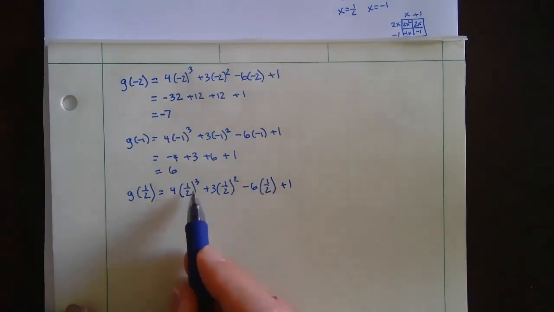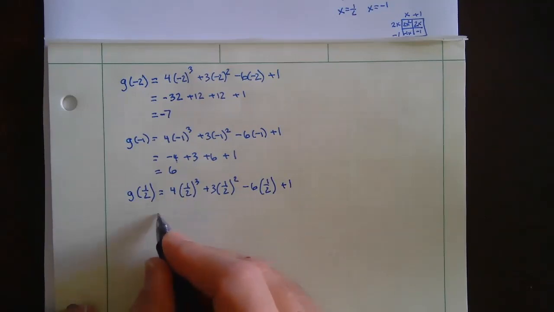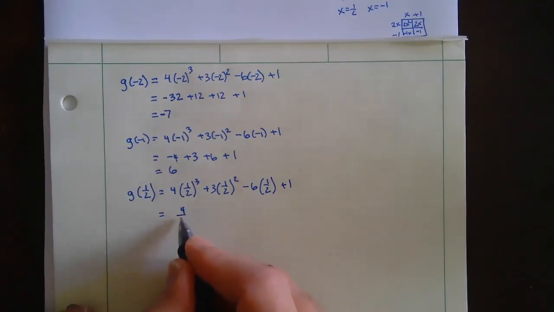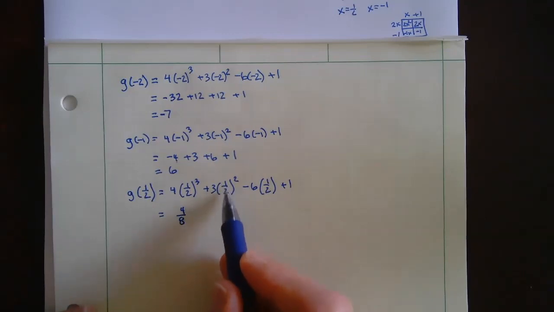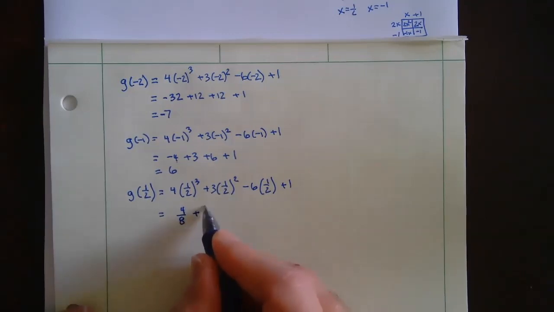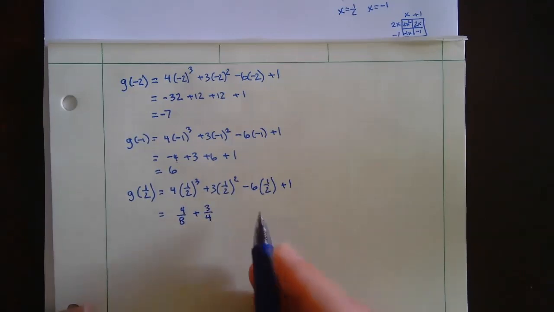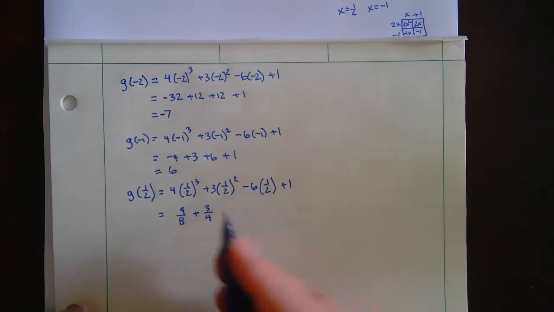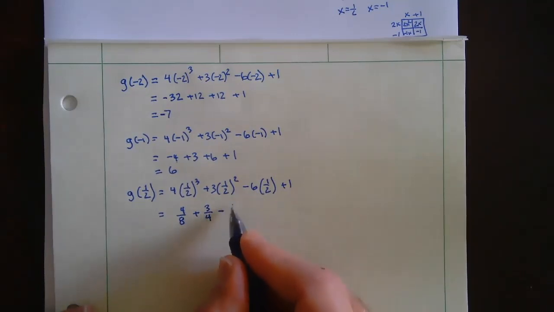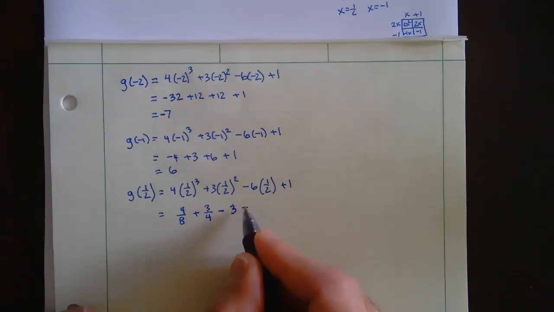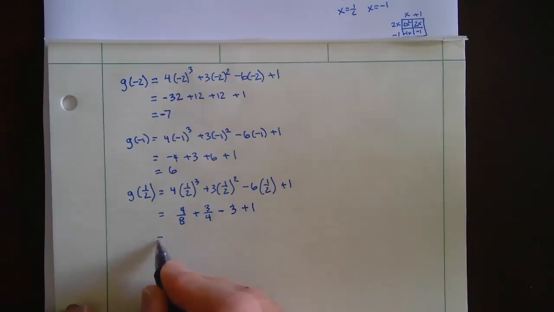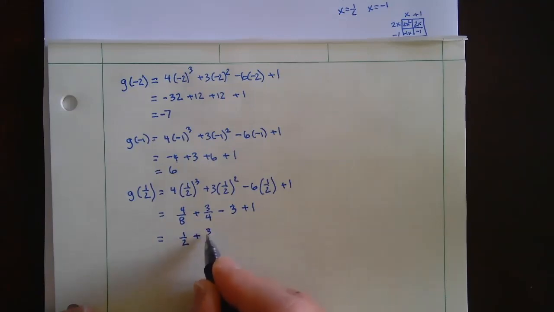So this would be 1/8 times 4, so that makes 4/8. And this is 1/4 times 3, so that makes 3/4. And this makes minus 6/2, or minus 3, plus 1. So this is 1/2 plus 3/4.